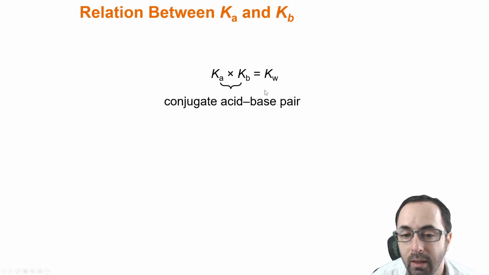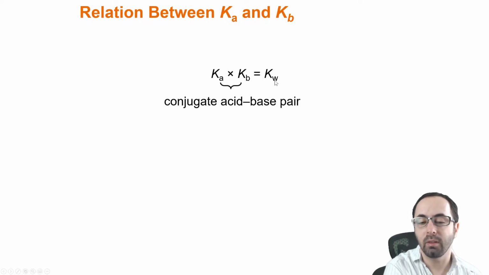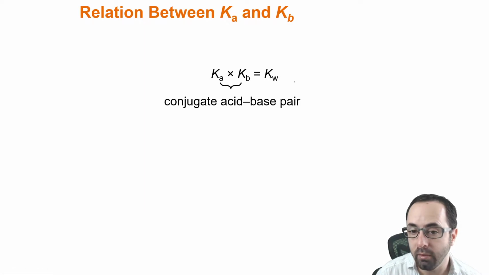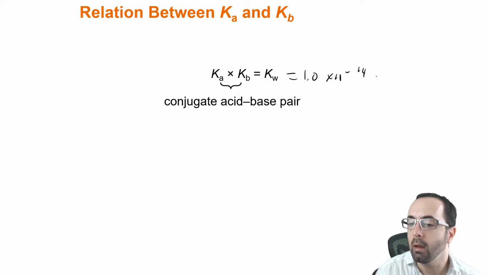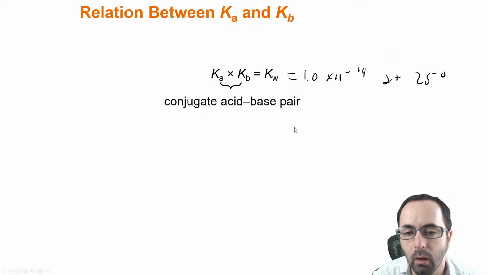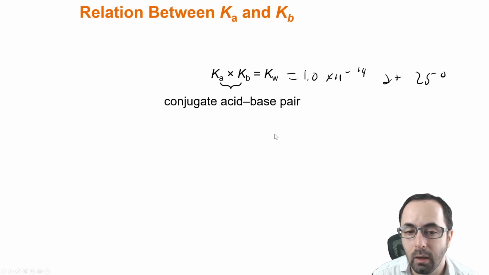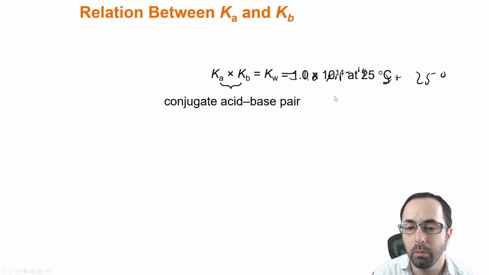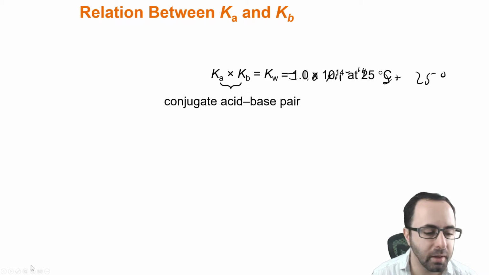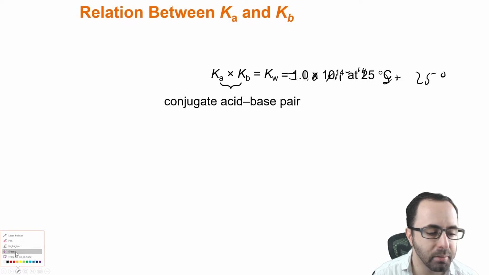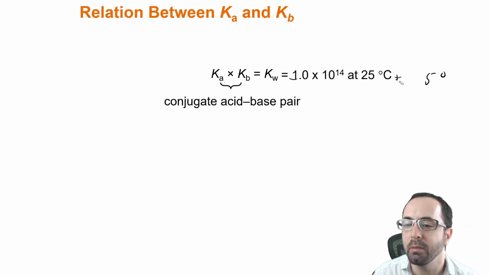Remember, Kw is simply the number at 25 degrees Celsius. It's 1.0 times 10 to the minus 14 at 25 degrees Celsius. So if we have tables of Kas and Kbs like we have in Appendix C, we can determine the Ka or the Kb for a conjugate acid or base.